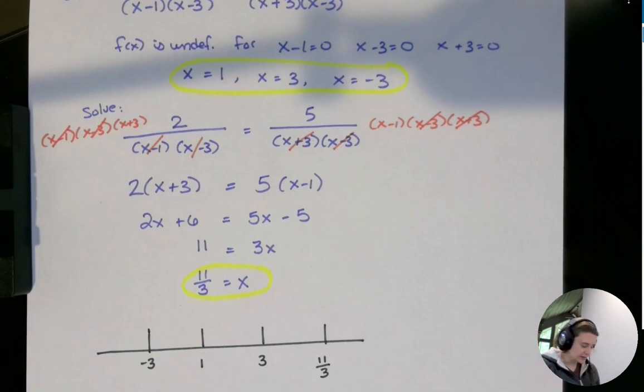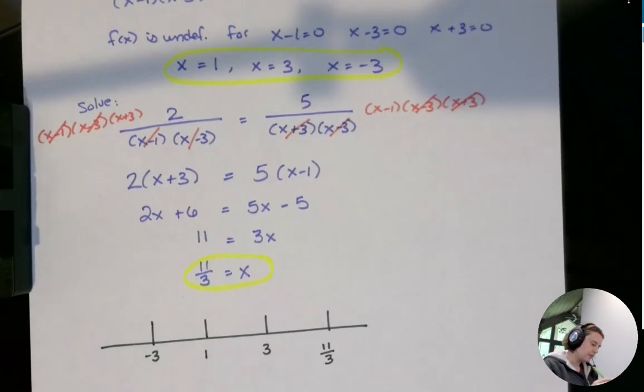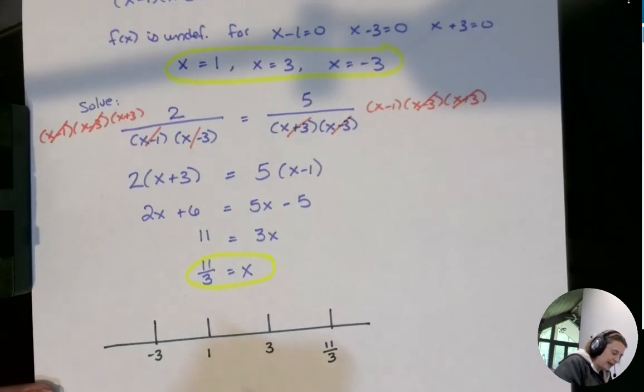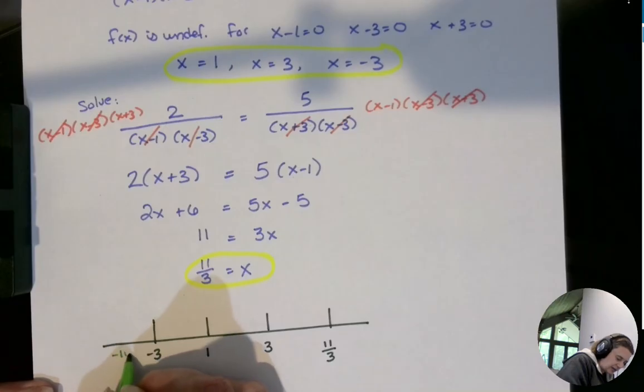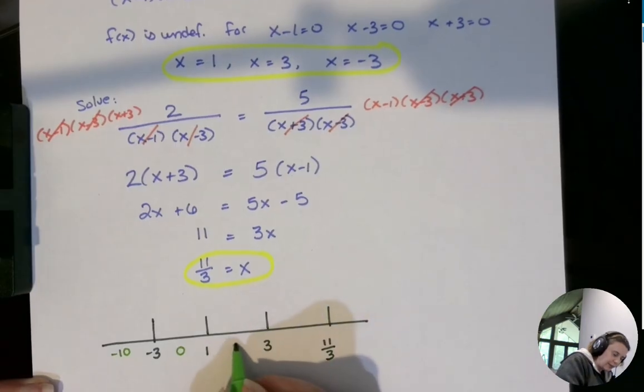And now we're going to pick some numbers that are in between them. All right, so I need something smaller than negative 3. I'll pick negative 10. Something in between negative 3 and 1, that's where 0 is. In between 1 and 3, I'll pick 2.